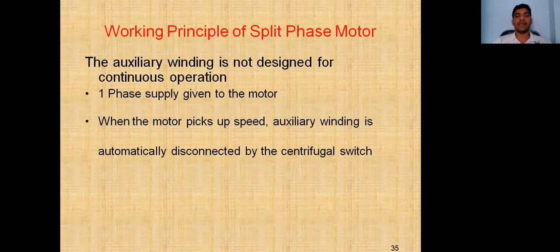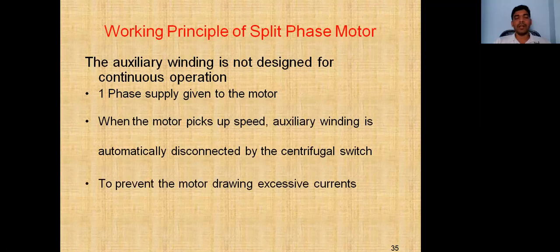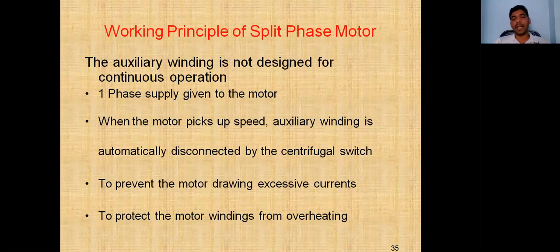When the motor picks up speed, the auxiliary winding is automatically disconnected by the centrifugal switch to prevent the motor from drawing excessive currents, and to protect the motor winding from overheating.